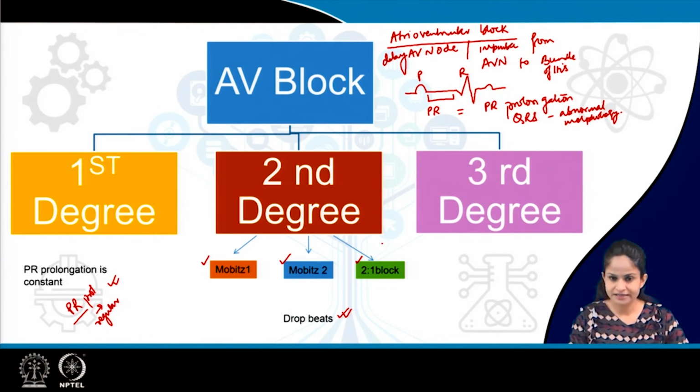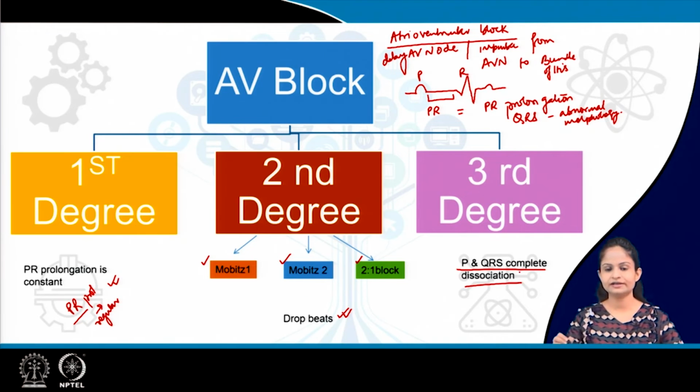So, Mobitz 1 is usually the same as the Wenckebach phenomenon of the sinoatrial block, but usually we do not use the name Wenckebach phenomenon in case of Mobitz 1 type of heart block, since we are using it in the sinoatrial block. And in third degree, there is total P wave and QRS dissociation, or atrioventricular dissociation in other terms.